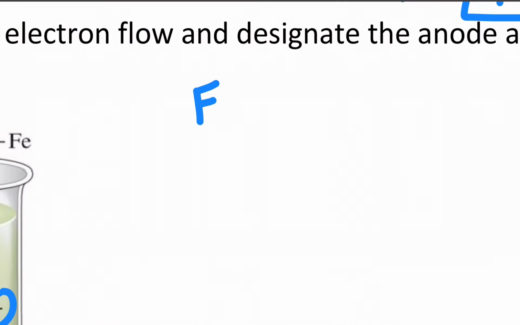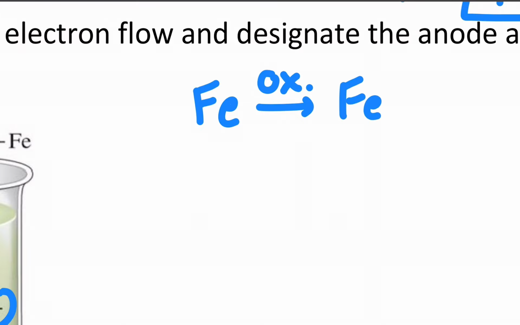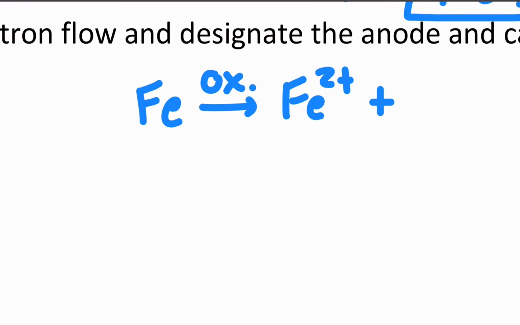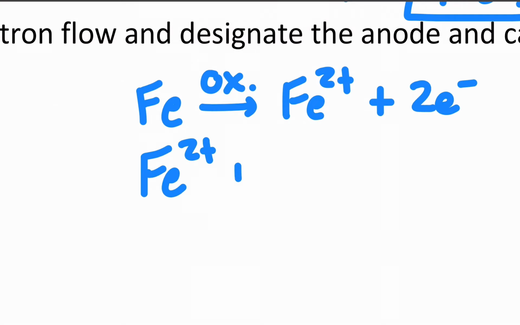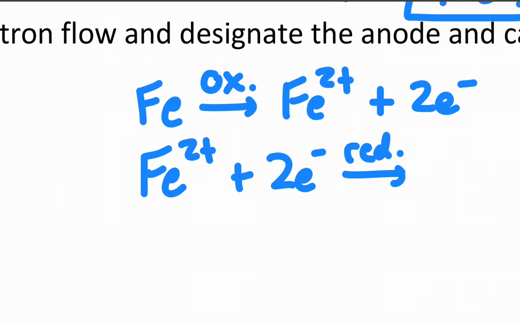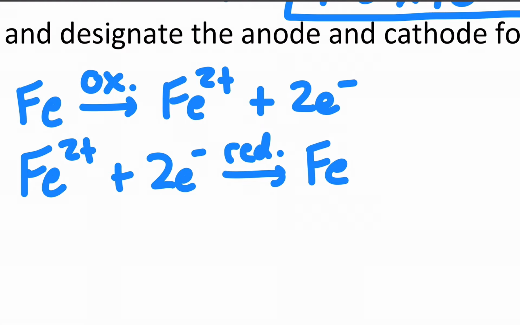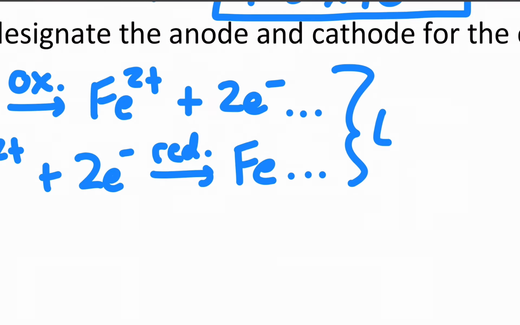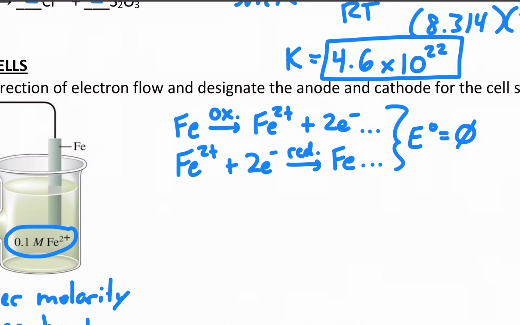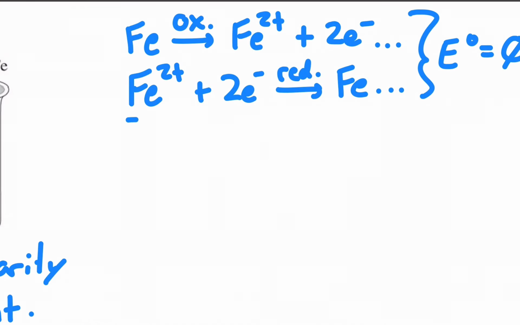We have iron oxidizing to iron 2 plus 2 electrons, and we have iron 2 plus picking up 2 electrons and getting reduced to iron. I don't even know what those half reaction potentials are, but if I look them up, they're going to be the reverse of each other. So I know my standard potential is 0, and that's always true for a concentration cell. But there is actually an overall reaction here.